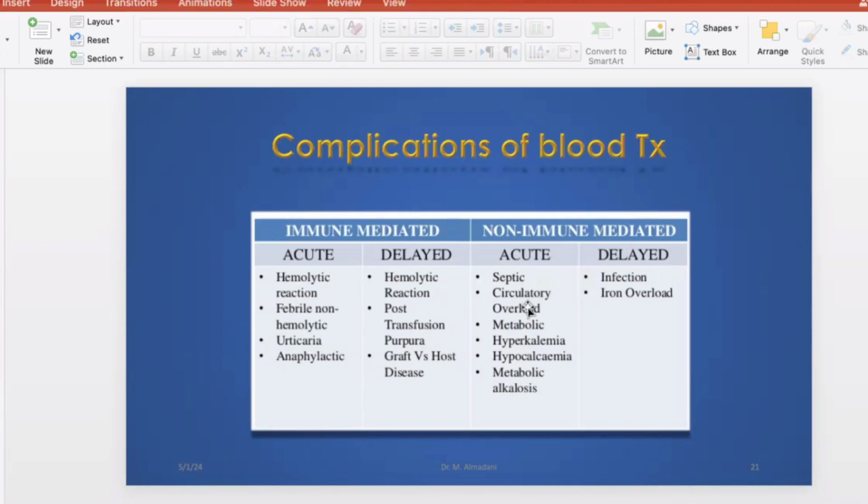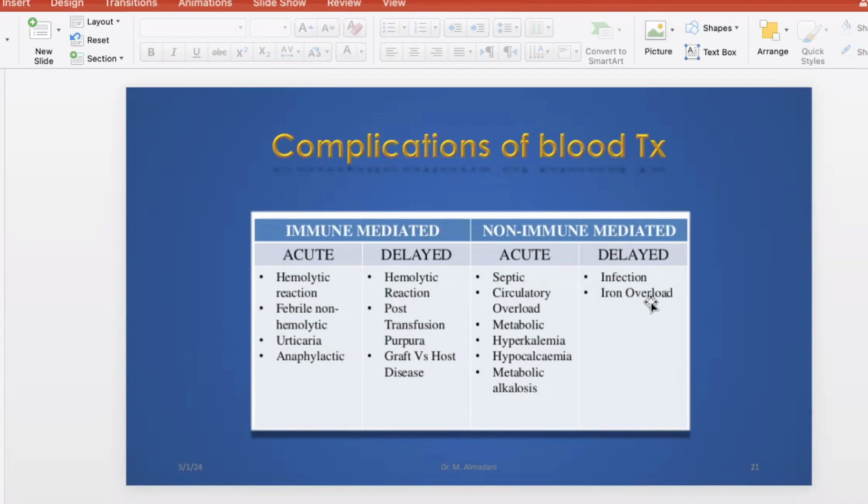These are rare complications of acute non-immune, like infections or sepsis, because we have a very advanced screening process to check for viruses and to check for bacteria, but it's still there. This is common: hyperkalemia, for example, hypocalcemia, metabolic alkalosis, this might happen.